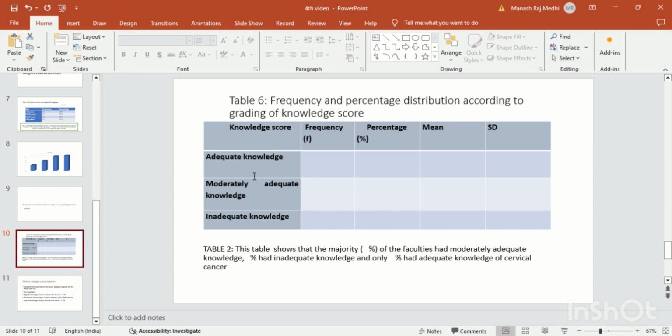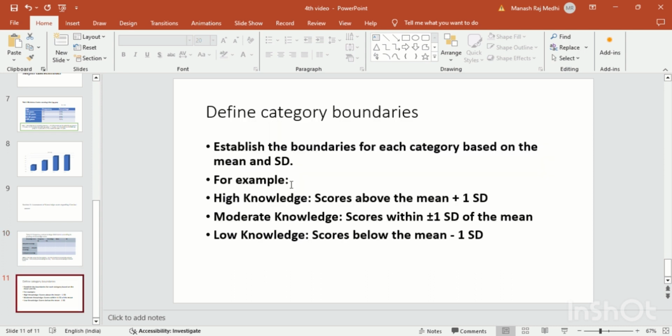We cannot just casually divide the score into adequate, moderate or inadequate categories. For that we have to follow a criterion, or formula, that is mean plus minus SD.